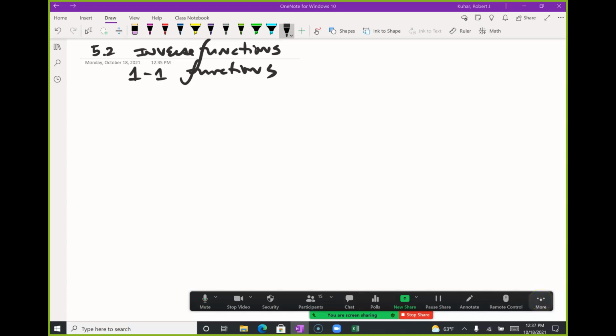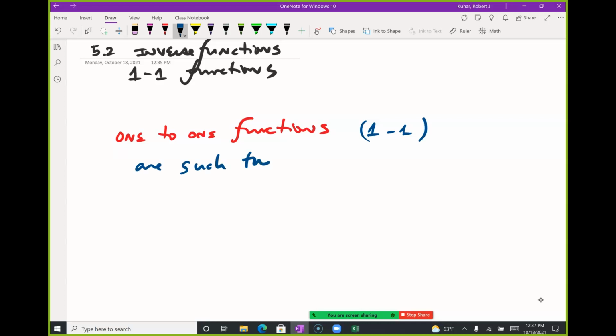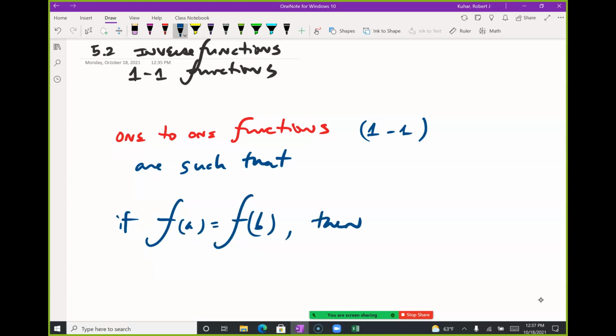So first thing we have to talk about are one-to-one functions. One-to-one functions are such that if f of a equals f of b, then a equals b.